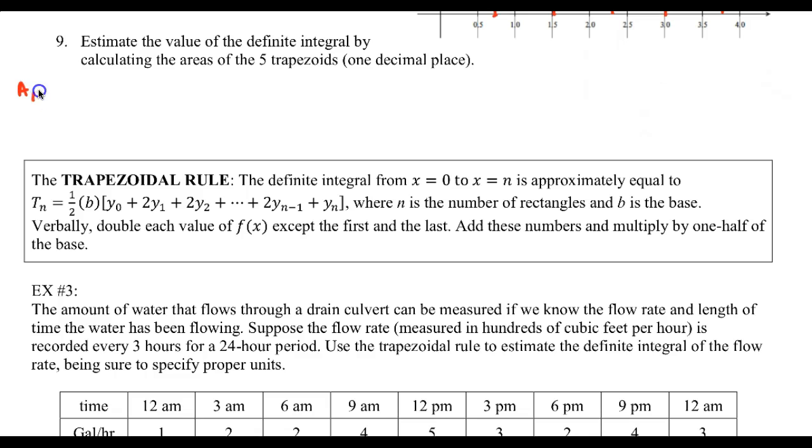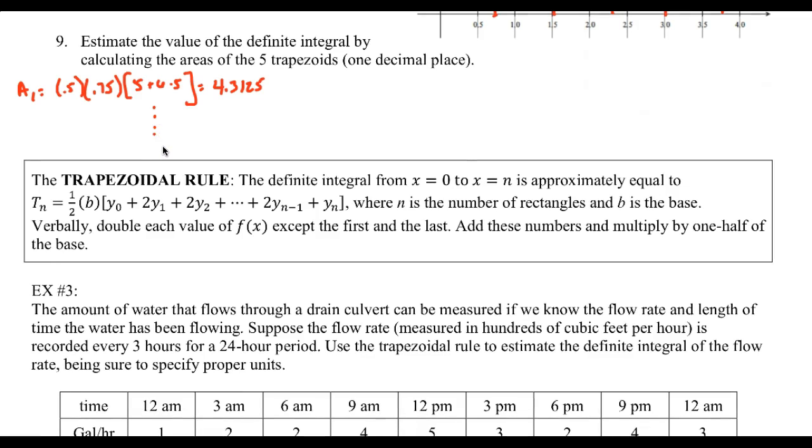So A1 is 0.5 times 0.75 times that should give you 4.3125. And what I'm going to do is go ahead and skip ahead.